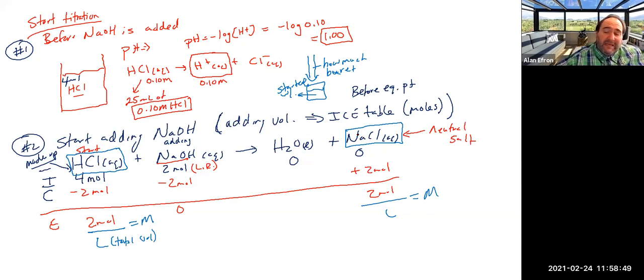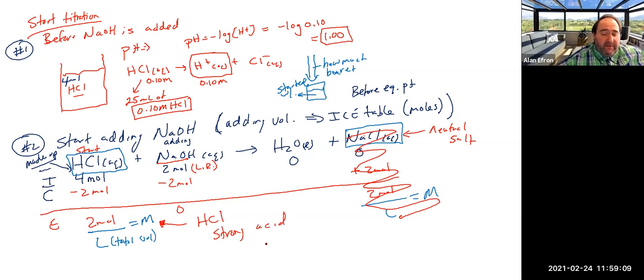So even though I got two numbers, I'm not going to use that buffer equation, because it's really not going to affect the pH. What we are really left with is the hydrochloric acid, which is a strong acid, which means we can figure out the H plus concentration from here. And that would get us the pH.